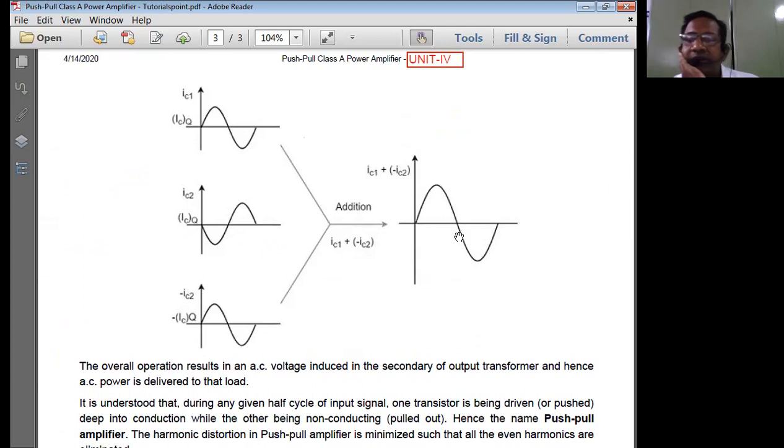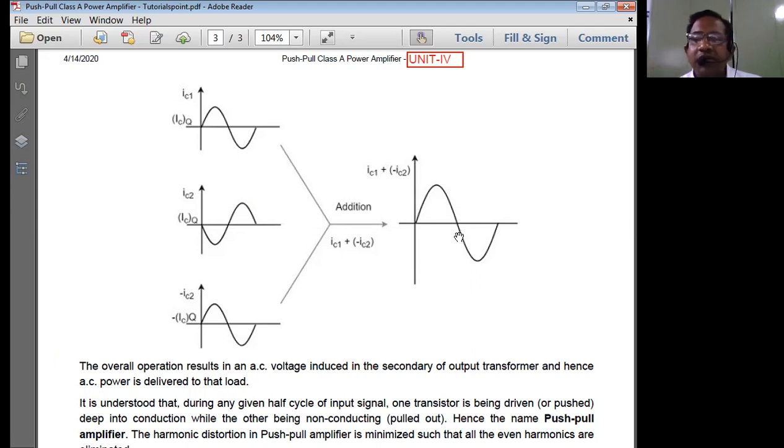That means definitely the peak-to-peak voltage is always going to be low. It is not going to be as high as we got in the case of the class B push-pull type of power amplifier circuit. So we have to compulsorily compromise on the peak-to-peak voltage of the output signal.